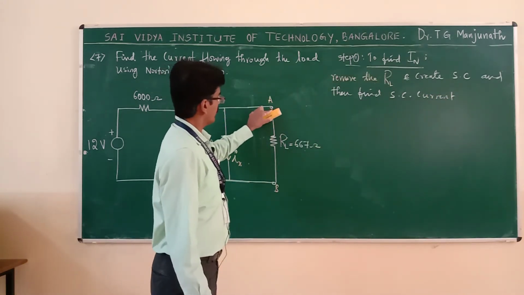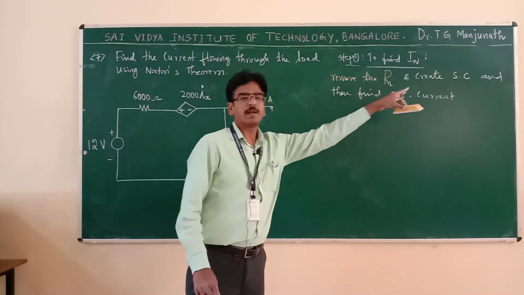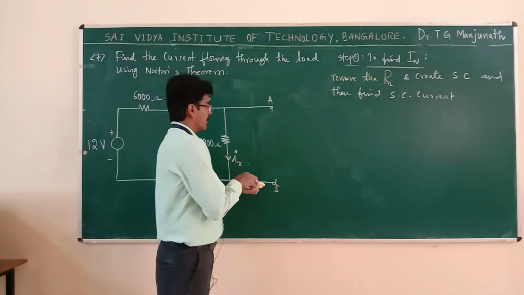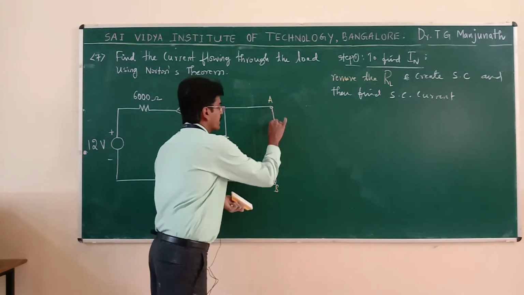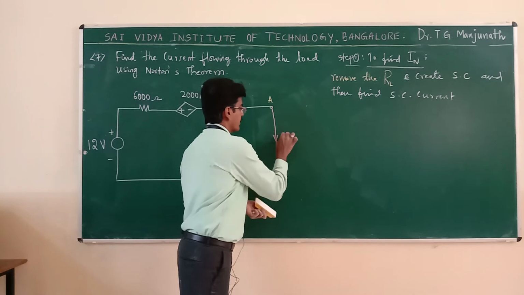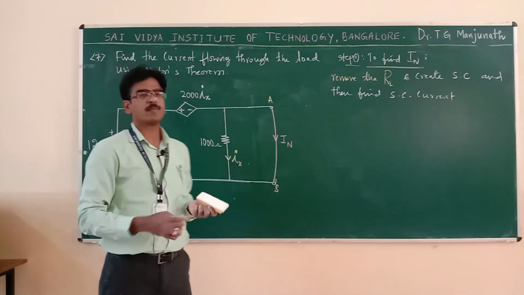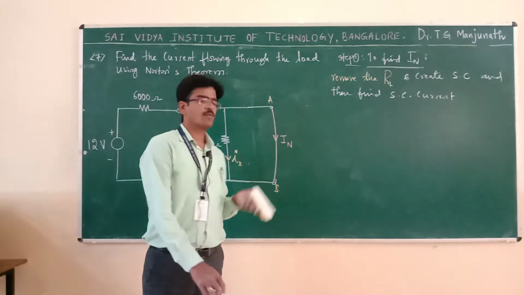So, remove the load. Let us remove the load. After removing the load, what should I do? Create the short circuit. Now, let us create the short circuit. Then find this short circuit current IN. This is the procedure to find the short circuit current. How to find this current?